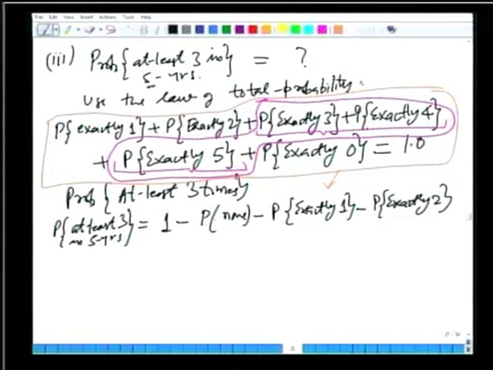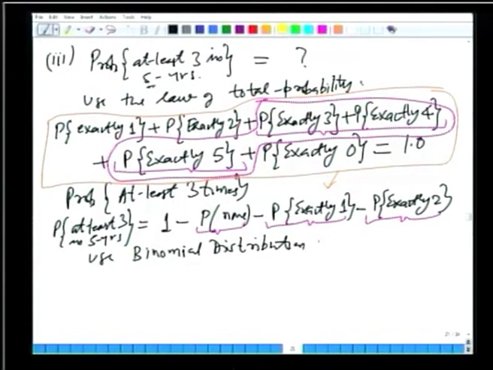Now, our only problem that remains is we find these guys here. What is this? What is this? And what is this? Okay. So, if we do that, we can use the binomial distribution with the data given to find the probabilities on the right hand side. Okay.